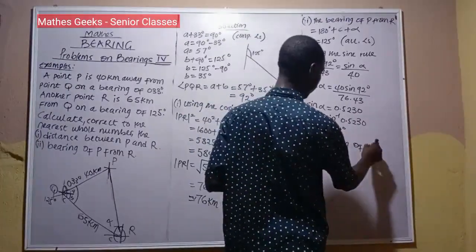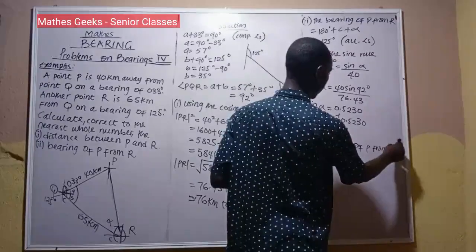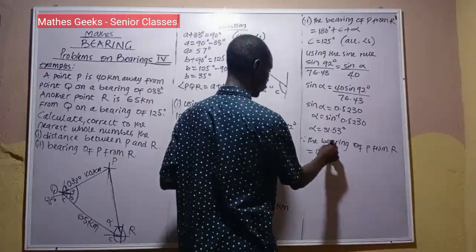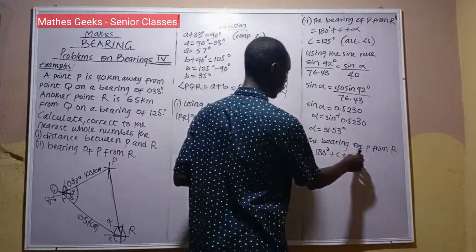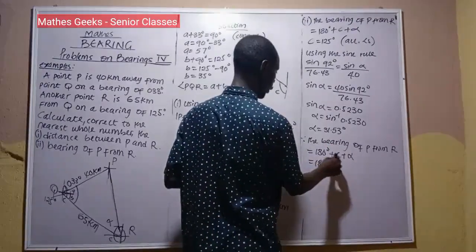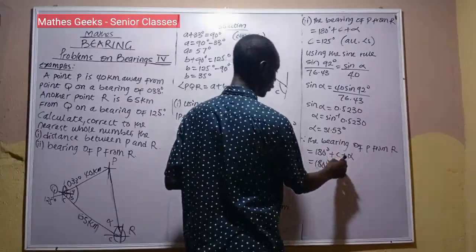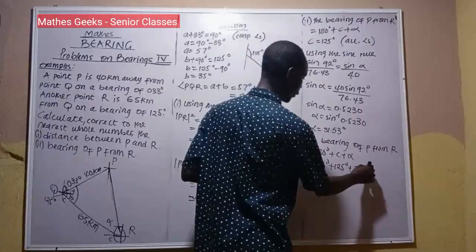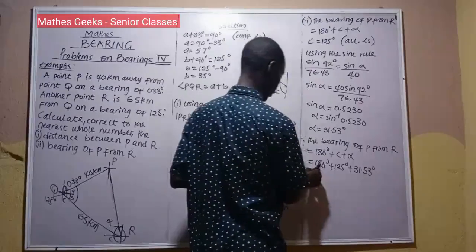So we say therefore the bearing of P from R is equal to 180 degrees plus C plus alpha. That is 180 degrees plus C, which is 125, and alpha, which is equal to 31.52 degrees.